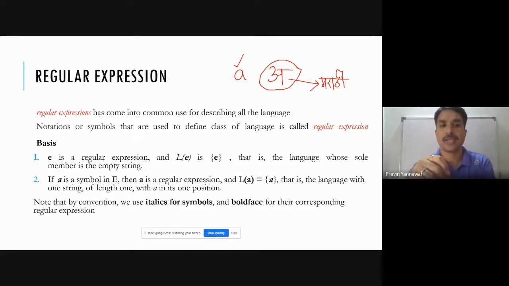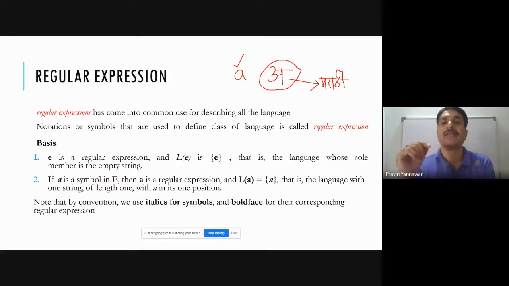Notations or symbols that are used to define a class of languages are called regular expressions. The definition is simple. What is the basis for this? The basis is very simple. If E is a regular expression, then the language which is based on E must contain the words from E only.